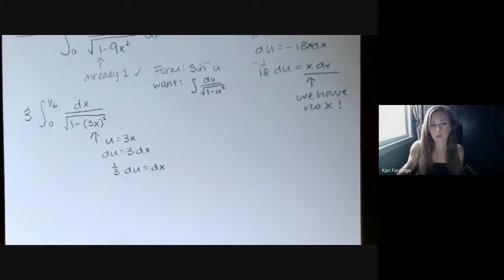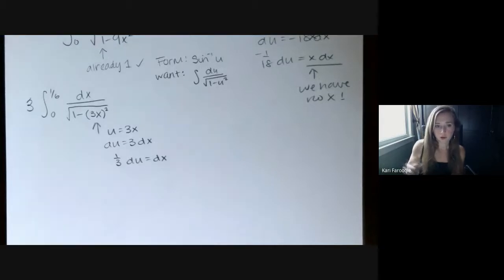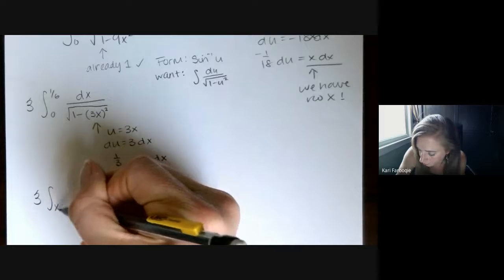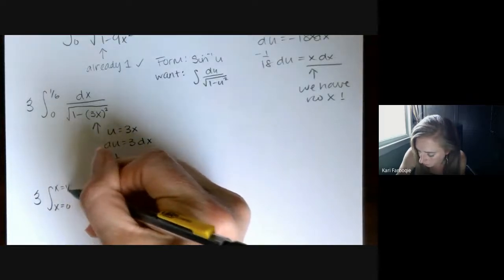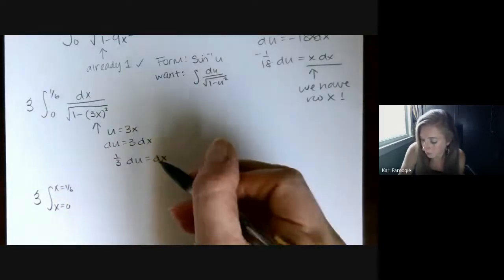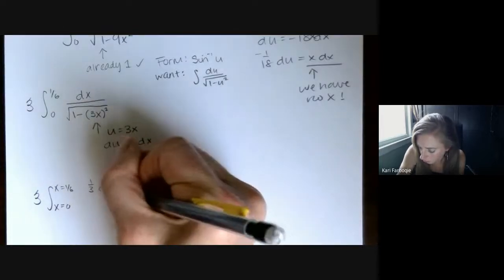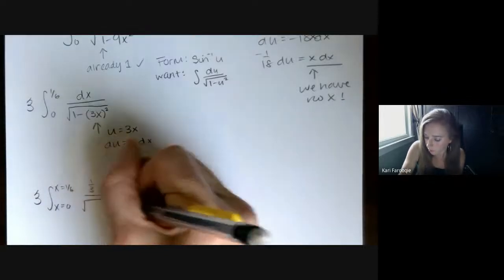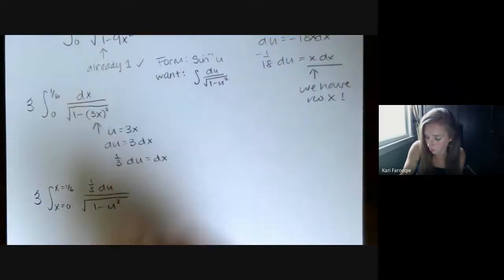Okay, so we have a couple more things to do here, but let's sub in what we have so far. We have a 3. We're going from x equals 0 to x equals 1/6. The dx is going to become 1/3 du. And in the denominator, we have the square root of 1 minus u squared.